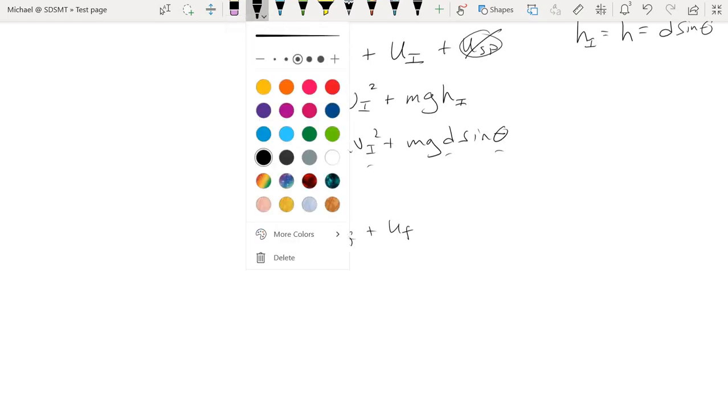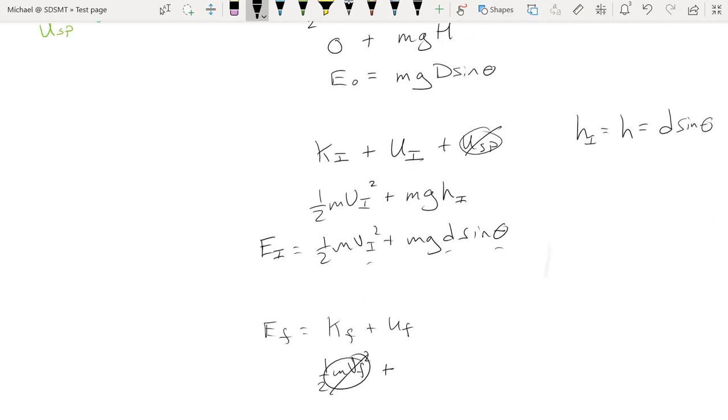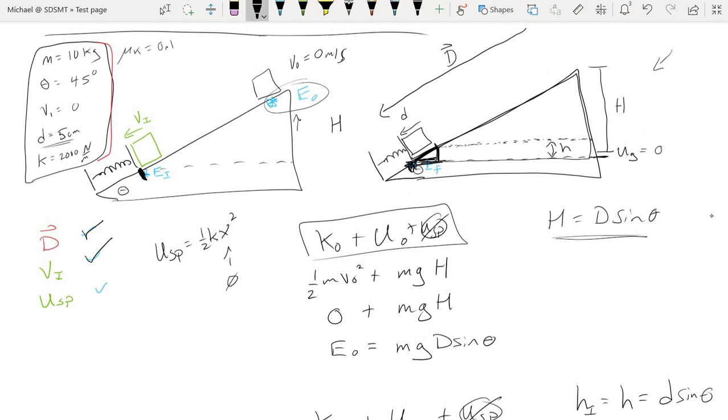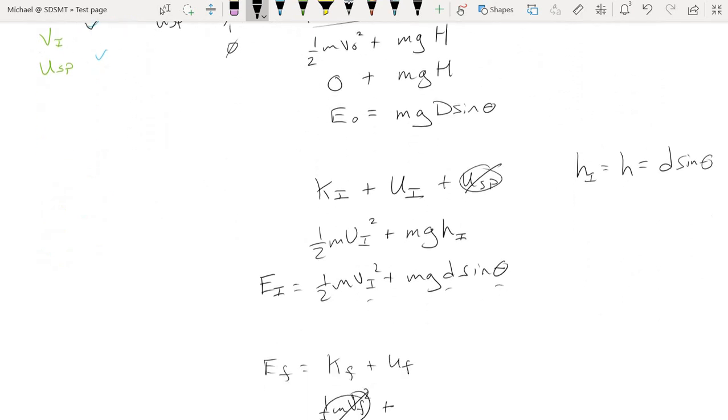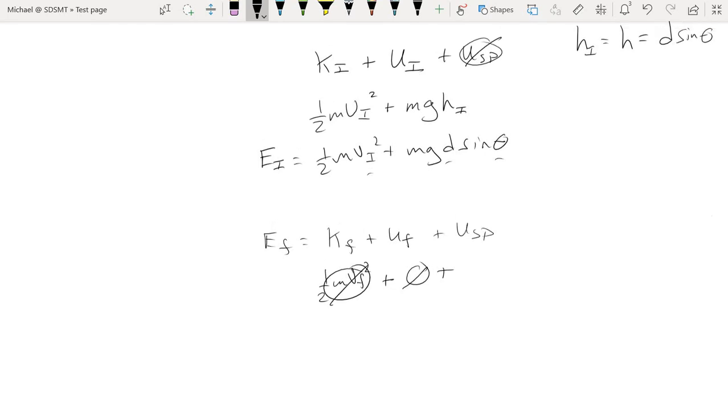When we get to the final compression point, we stop compressing because we stop moving. So our final kinetic energy is 0. Our final potential energy due to gravity, now that we're down to the lowest point, that's where we've defined our gravity potential to be 0, so that's 0. But now is where we actually get to include a value for the energy stored in the spring.